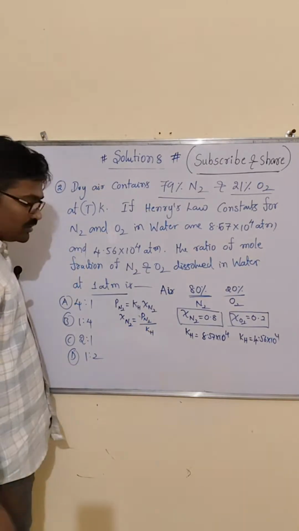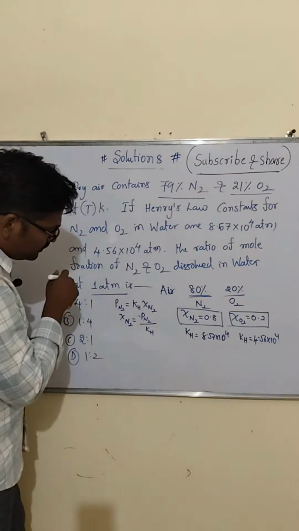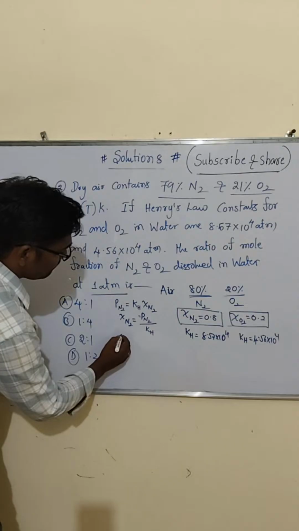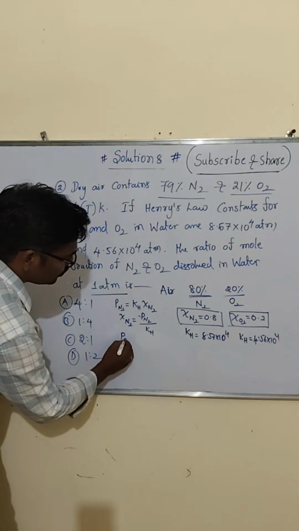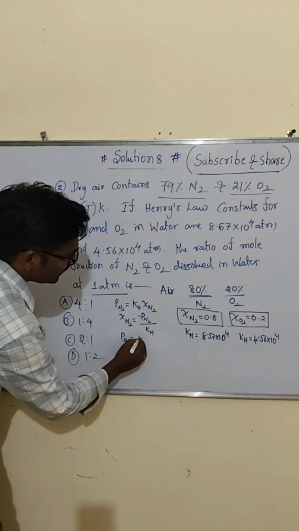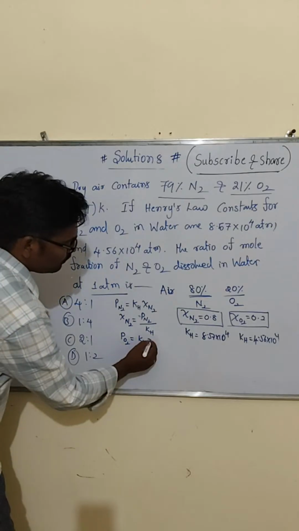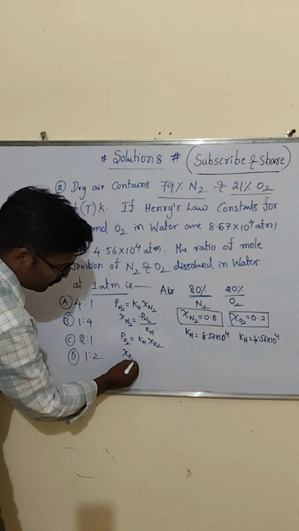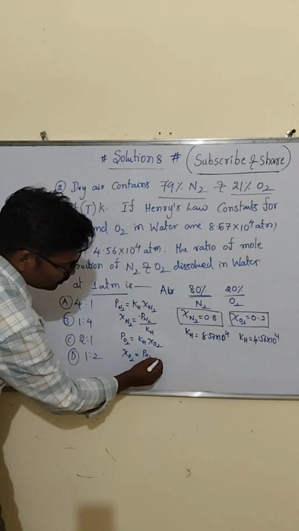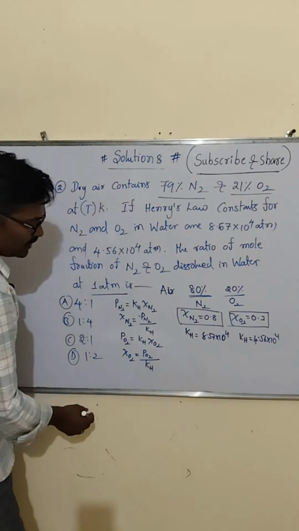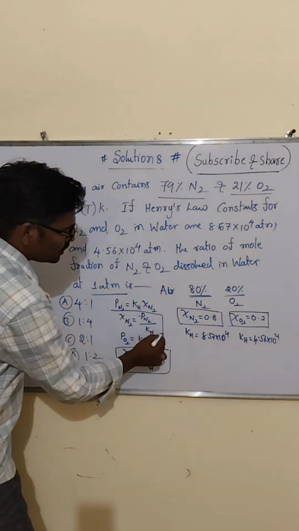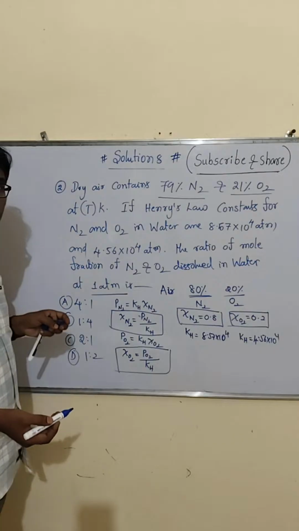Same thing for O2: the partial pressure of O2 equals KH into the mole fraction of O2. So the mole fraction of O2 equals the partial pressure of O2 divided by KH. So both ratios are required.